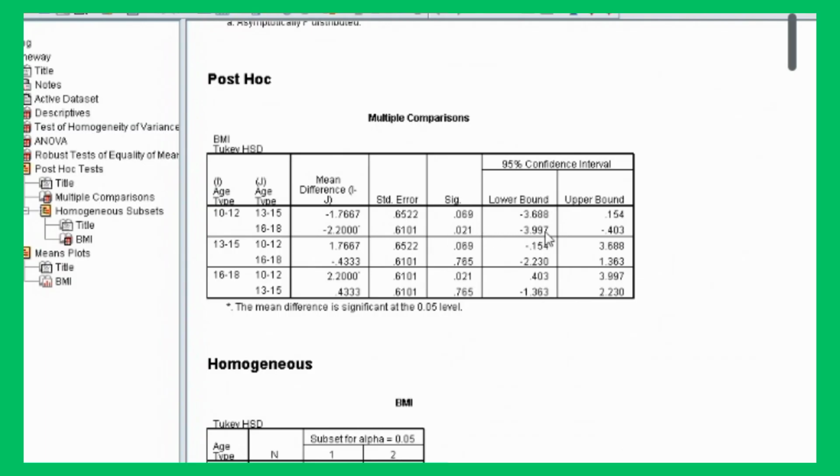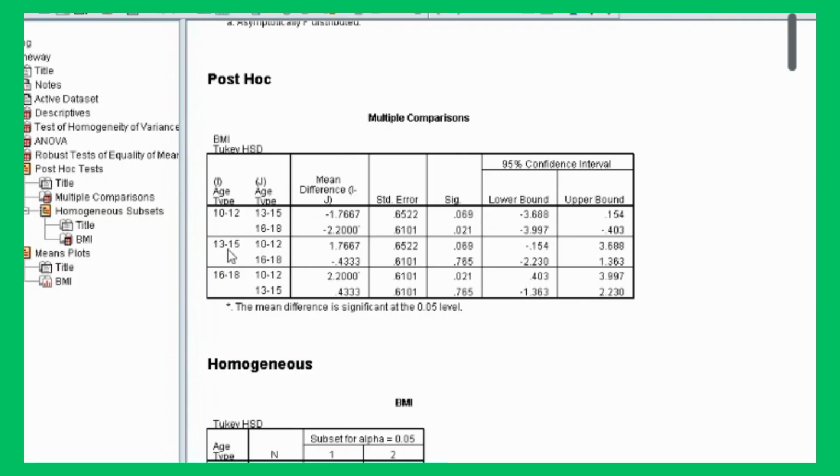Even the confidence interval ranges from -3 to -0.4. So this means that it does not include 0. So the difference in means is not 0. So it's significantly different.